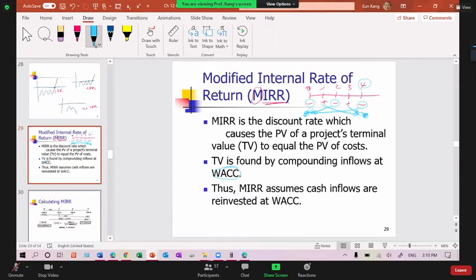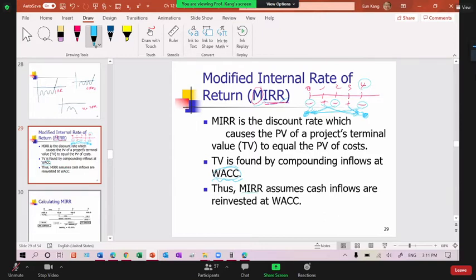So, IRR assumes that the reinvestment rate is IRR, right? That's a wrong assumption, right? So MIRR corrects in 2 ways. One is only one sign change. And when you move those cash flows, you use WACC to compound or discount by WACC.